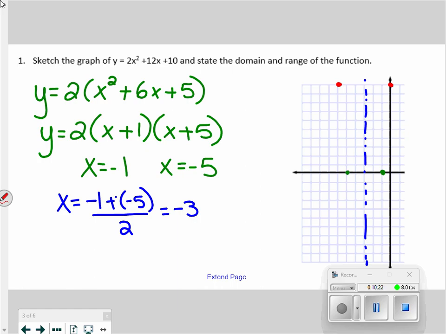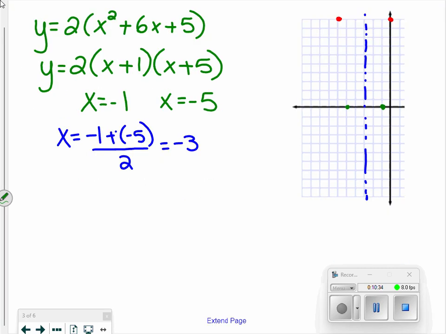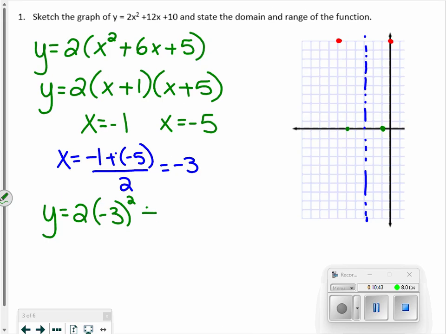So let's say we use this formula to find my x value. How did you find your y value on your test for your vertex? Plug it back into the equation. So I got to go y equals 2 negative 3 squared, plus 12 times negative 3 plus 10.